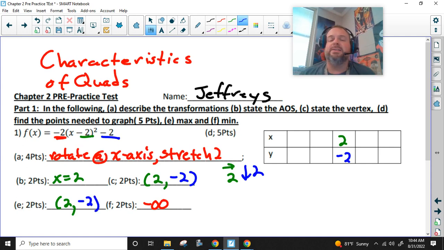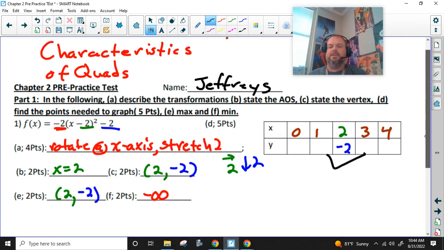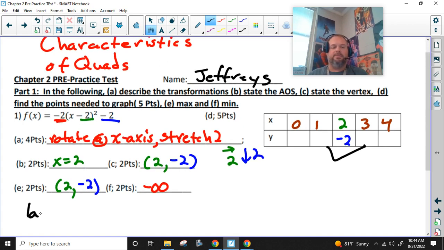Okay. So now we need to find our other X values. So 0, 1, 2, 3, and 4. All right, remember, this is in a ratio of 1a. So this is 1 times negative 2, which is negative 2. Now, that means from here, I have to subtract 2.